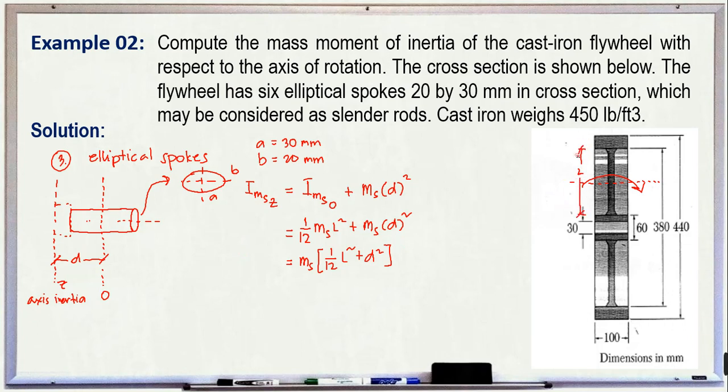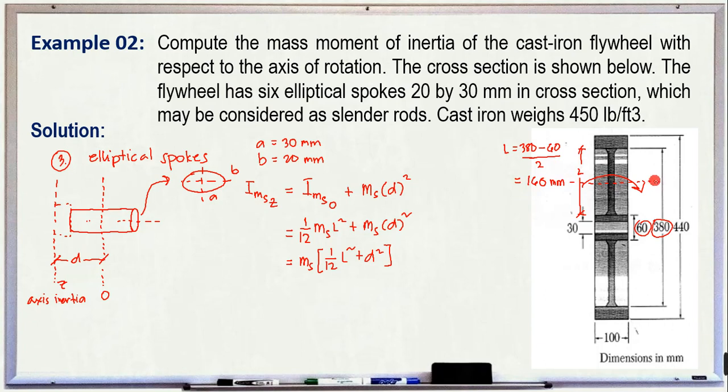And this length is the difference of 380 and 60 divided by 2, right? So, L is equal to 380 minus 60 divided by 2, and that is 160 mm.